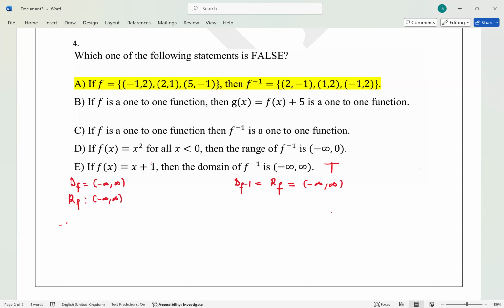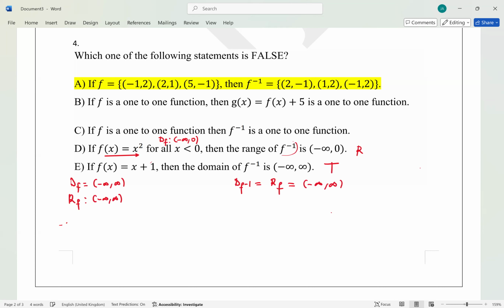Now, for the second one, he said if f of x is x squared when x is less than 0. So what is the domain of f? You can see the domain of f is minus infinity to 0. So you are looking for the range of f inverse.